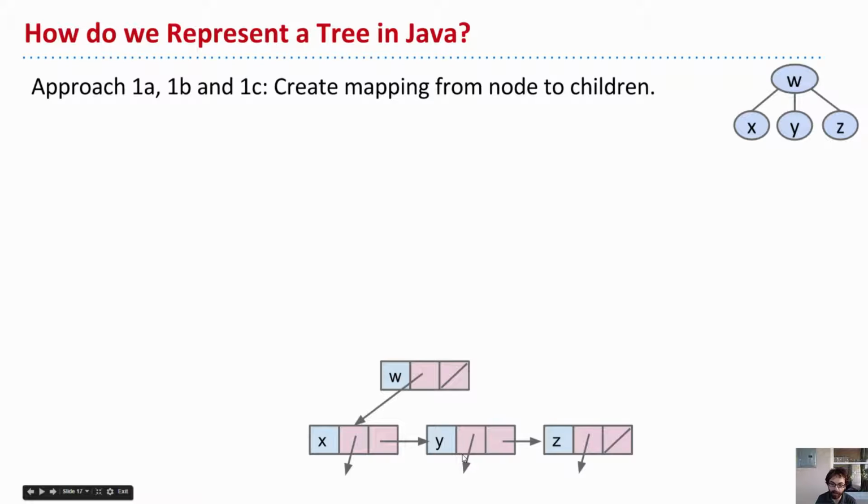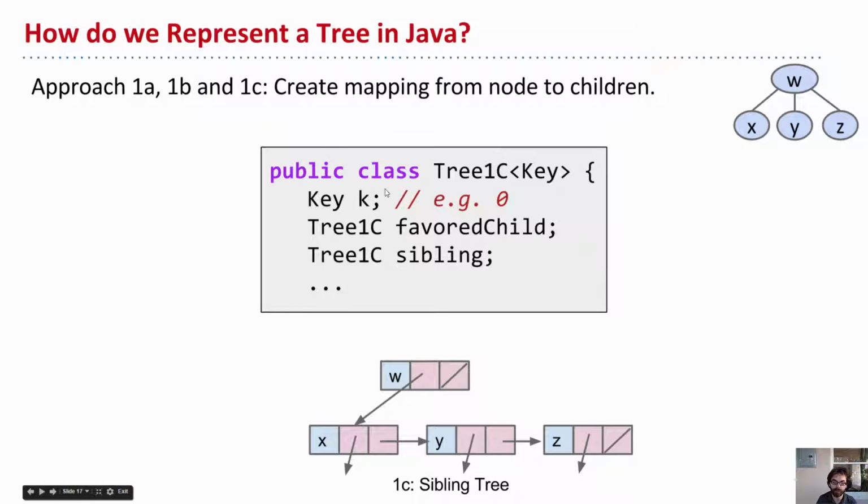So X knows its sibling Y, and Y knows its sibling Z, and W is only going to keep a pointer to one of its most favored children, right? So it picks favorites. So you might call this thing a sibling tree, and in this case, tree 1C, we point at our favorite child, the one we love the most, and we let him take charge of the siblings because we don't want to think about all these kids. Okay, so this is another way we could do a tree.